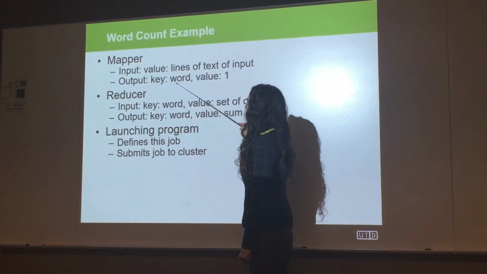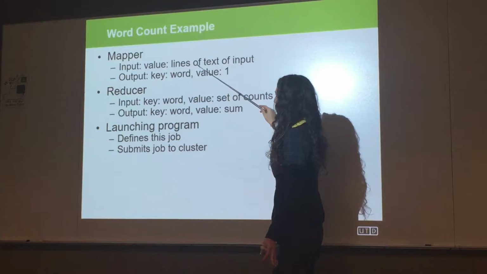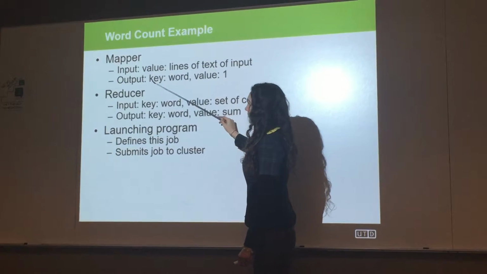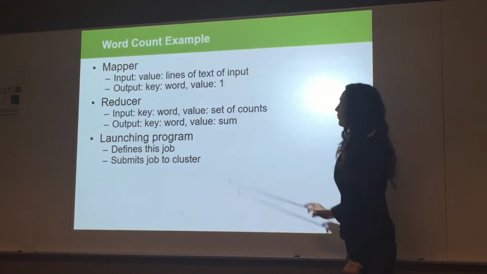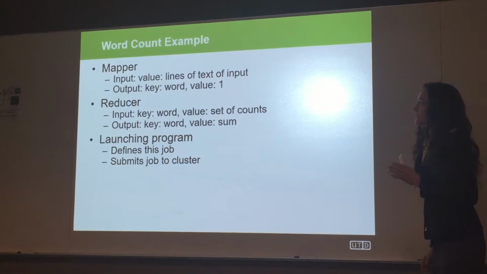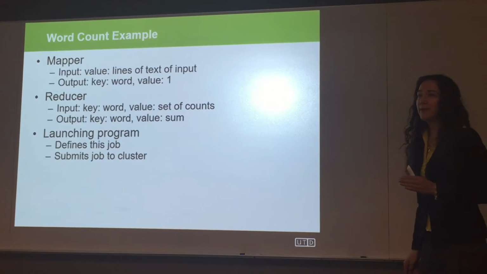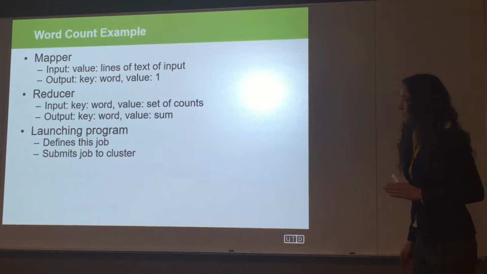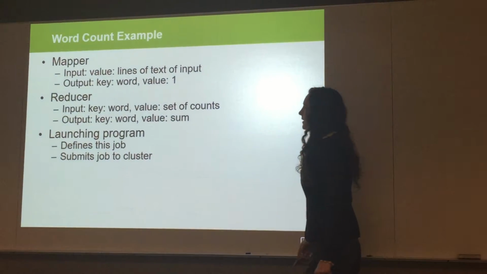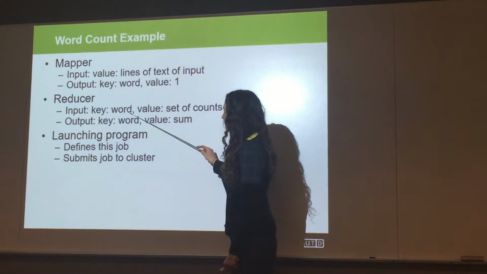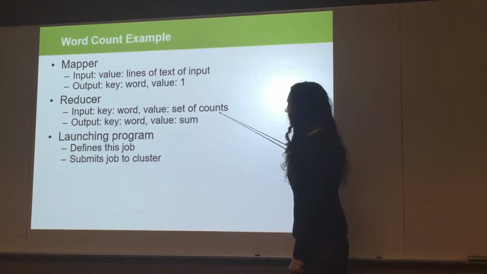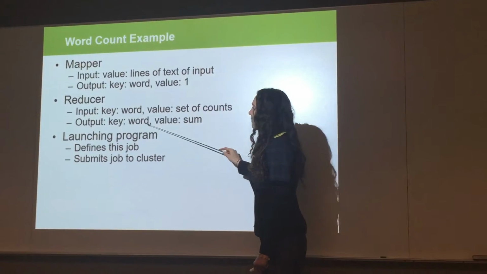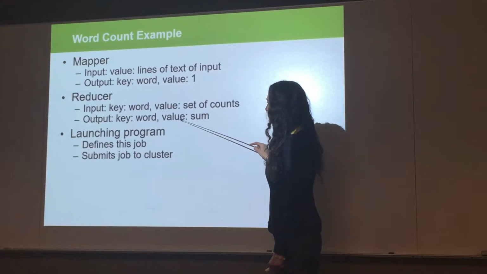The value is some input, for example, and the key could be a word or some number, let's say 1. The reducer has to use the same key from the mapper. So the reducer will take the key as an input, and the key and value pair, and then will produce an output.